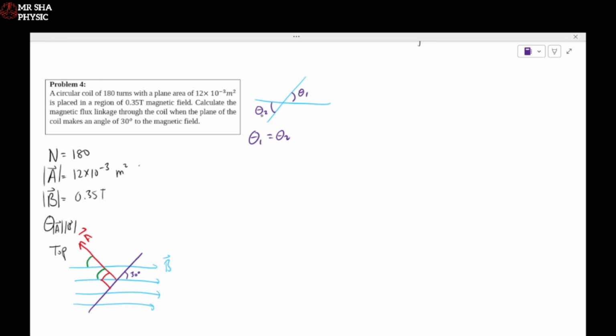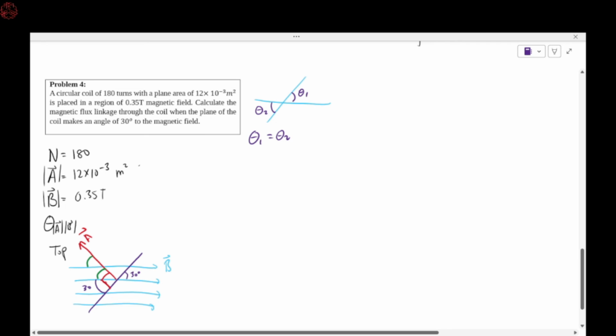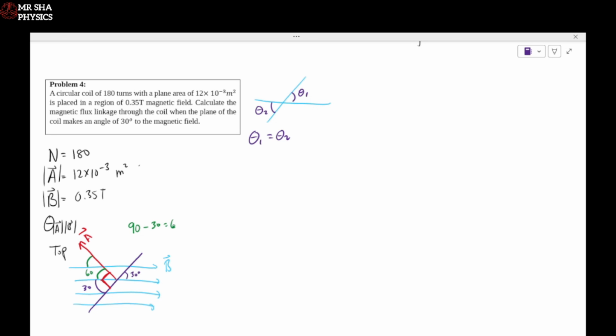What that means is that this part is also going to be 30 degrees. I know the sum must be 90, right? Its counterpart is 30. So the green one here is going to be 60, because 90 minus 30 is 60.